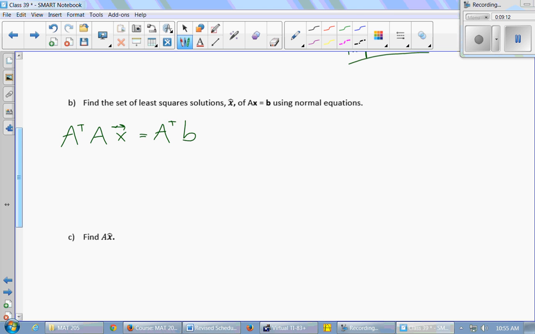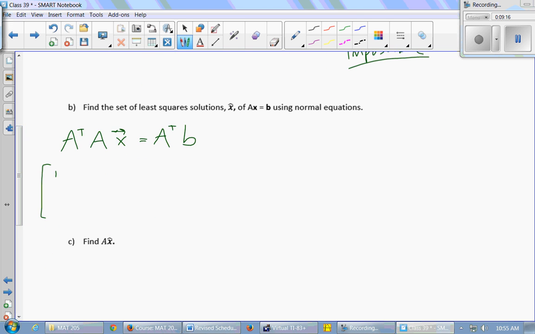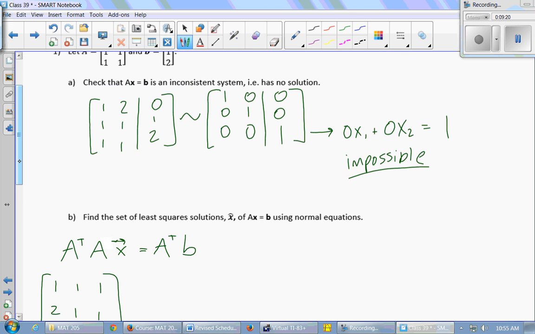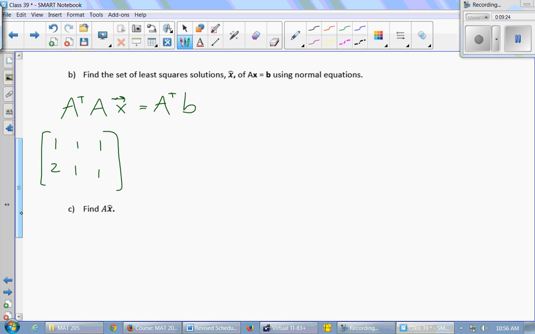All right, so A transpose is 1, 2, 1, 1, 1, 1. I just took each row of A and made it a column. And I'm going to multiply that by A, 1, 1, 1, 2, 1, 1. So this is A transpose A.